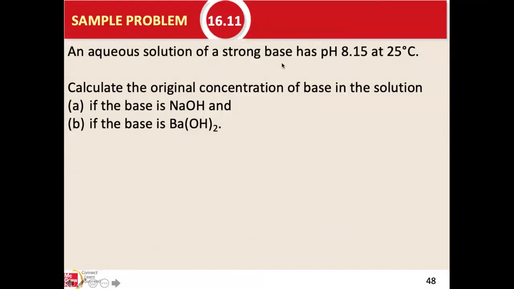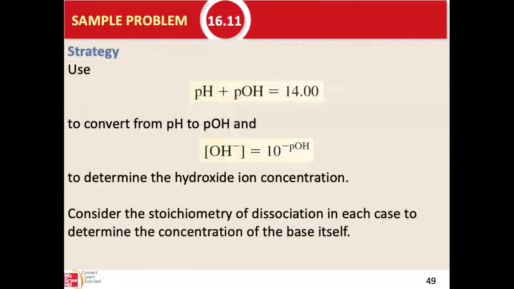And this is also pH. They said the strong base has a pH of 8.15. Calculate the original concentration of the base in the solution. This is a base, and the pH of this base is 8.15. So let's take a look at the A. We have pH plus pOH equals 14.